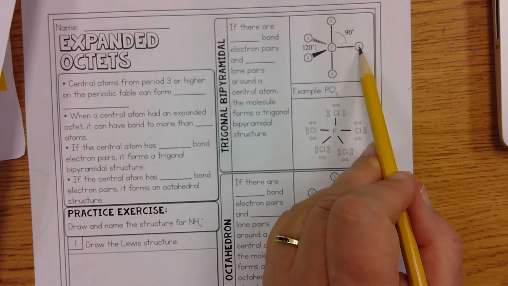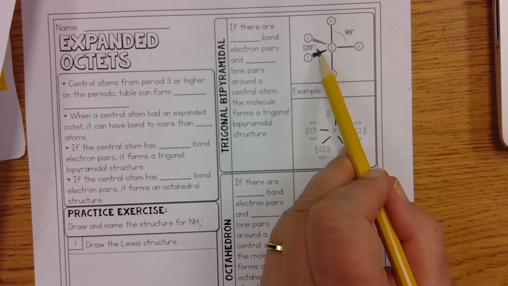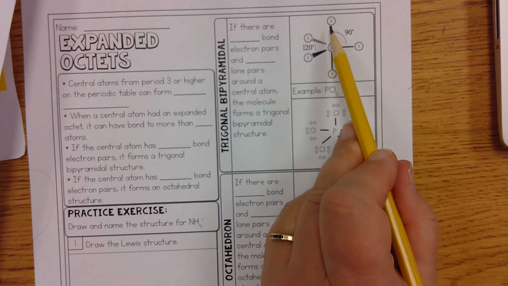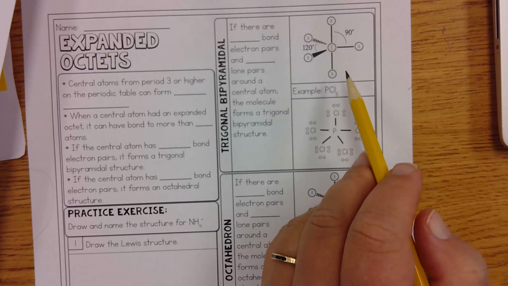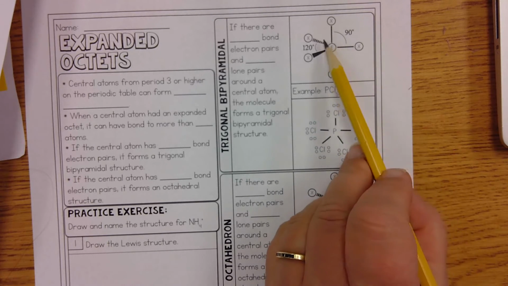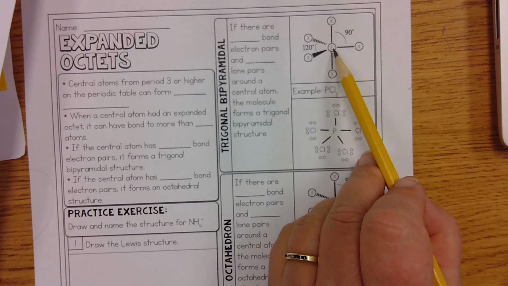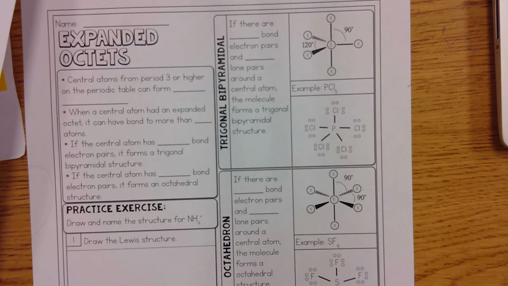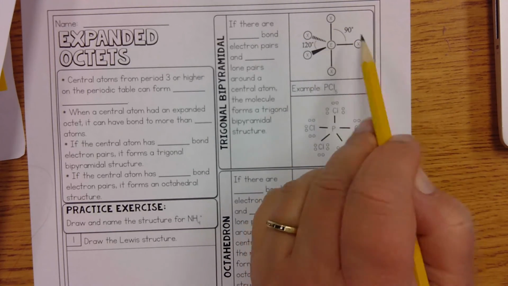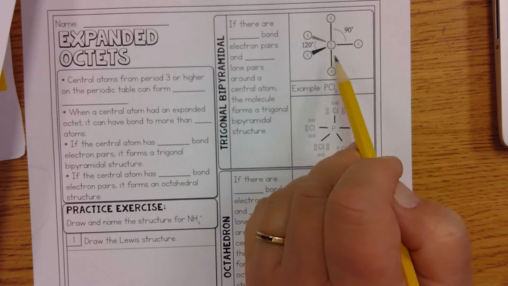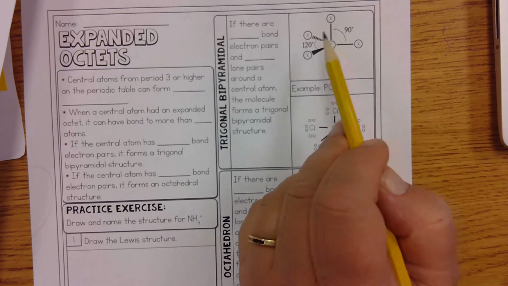These 3 atoms come out from the central atom in one plane. Then this one goes above, and this one goes below. If I could show it, these 3 would be like a flat piece of paper, and this one would be coming up out of the piece of paper, and that one would be going down through the piece of paper. You have an assignment where you're going to be using your clay to make some of these, so you'll see how that works.